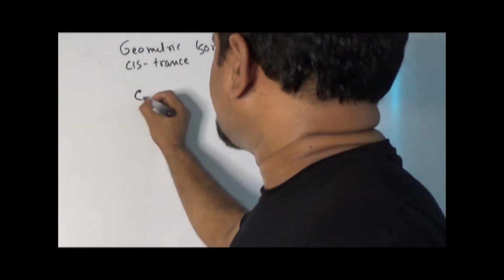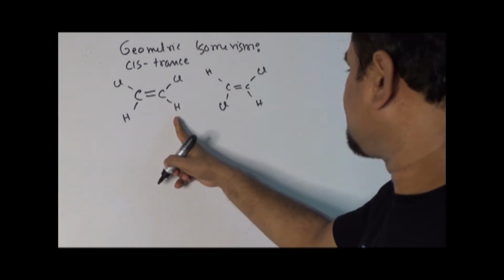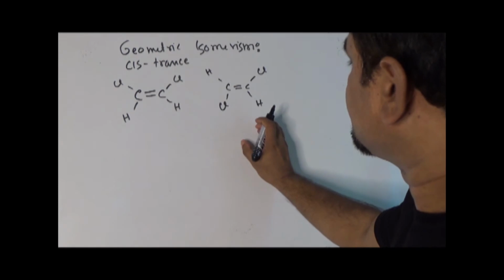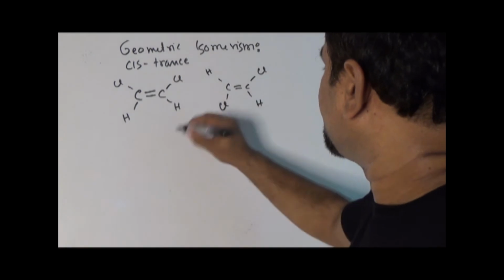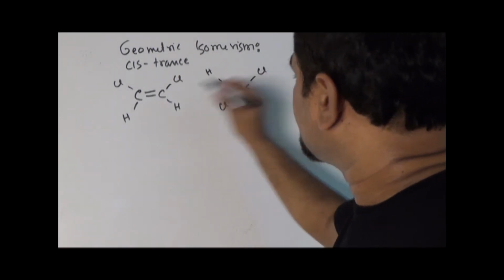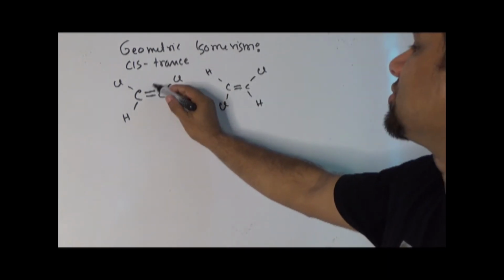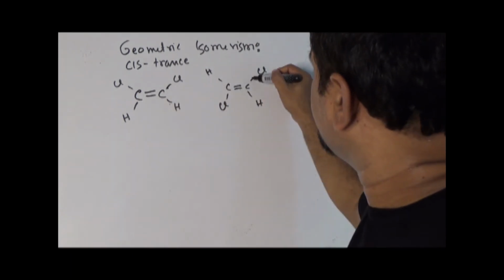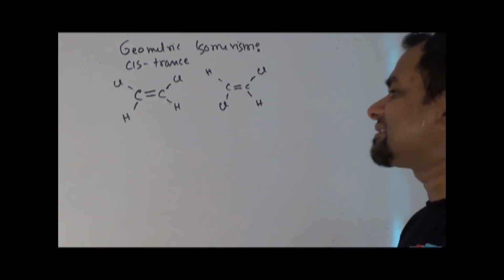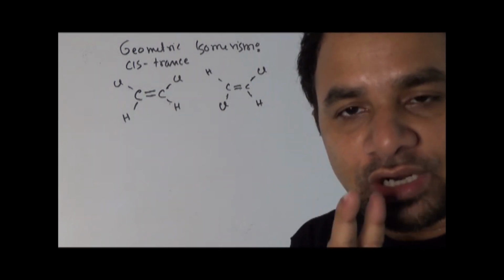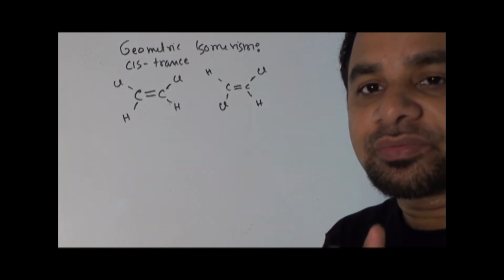I want to give an example here. These two are geometric isomers. The same structural formula, the same molecular formula as well, but the arrangement is different. Here we have restricted rotation. In any molecule or structure, this is called restricted rotation, and these have free rotation. The two carbons here are in restricted rotation, but the two bonds here have free rotation.